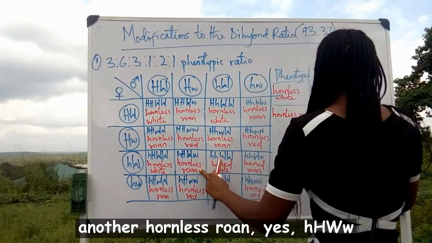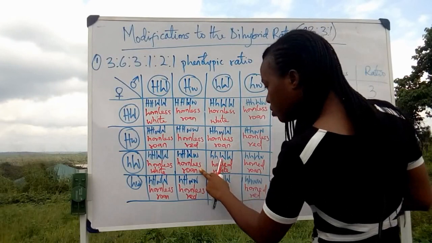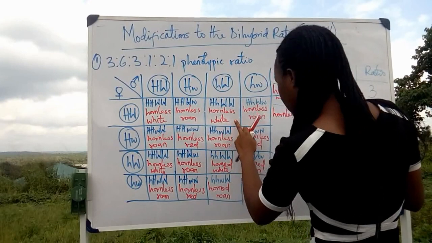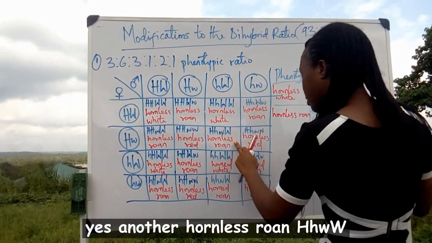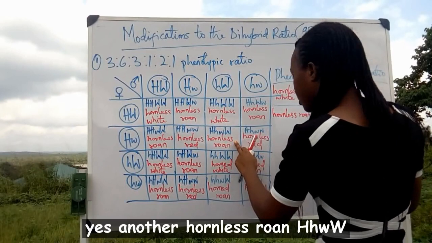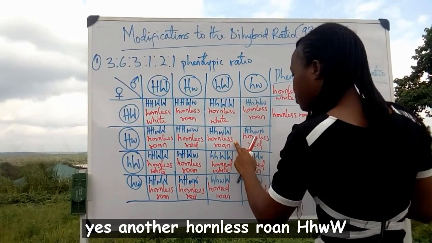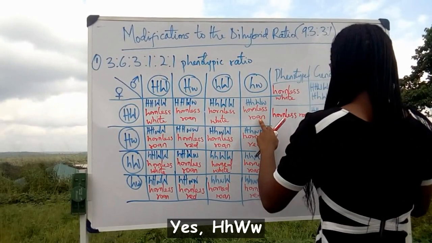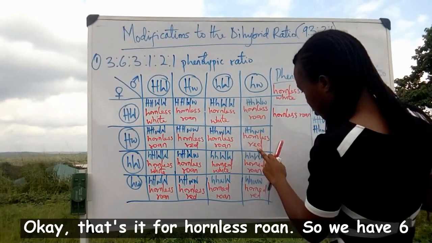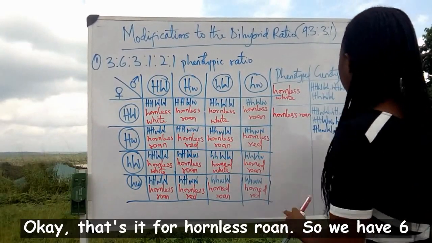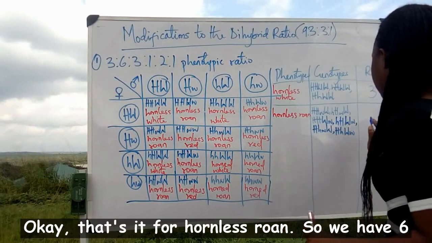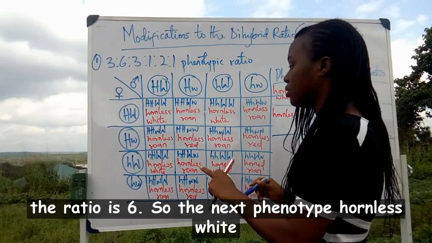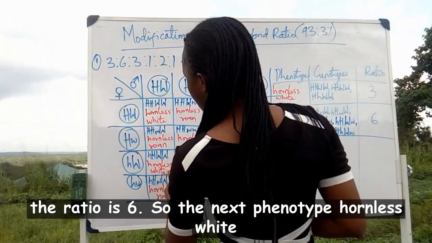Another hornless roan, yes. Small h, big W, small w. Yes, another hornless roan, big H, small w, big W. Yes, big H, small h, big W, small w. Okay, that's it for hornless roan. So we have 1, 2, 3, 4, 5, 6. The ratio is 6. So the next phenotype, hornless white.